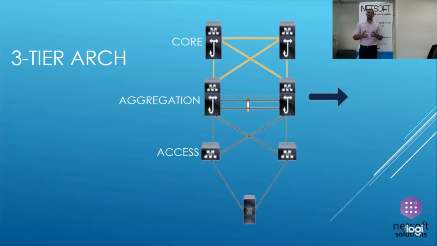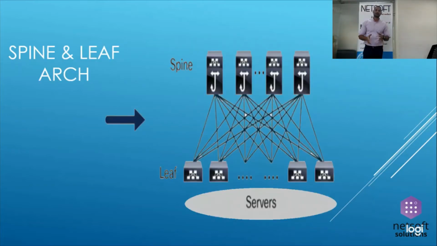To address that issue, I will tell you what we are doing in the spine and leaf architecture. So let's see what we are doing in the spine and leaf architecture. Here you can see these leaf switches are directly connected to the spine using a mesh network. So every leaf is connected to every spine, so that all the leaves and their links are active all the time.